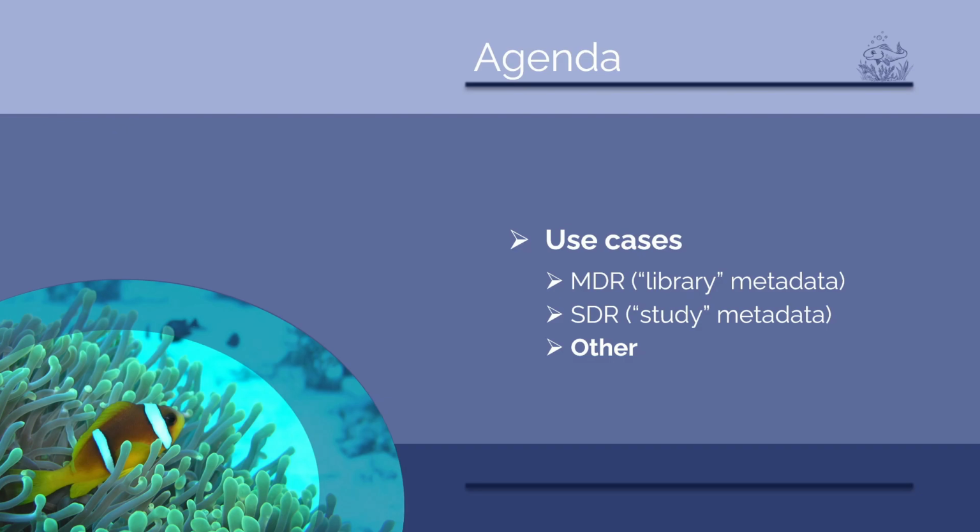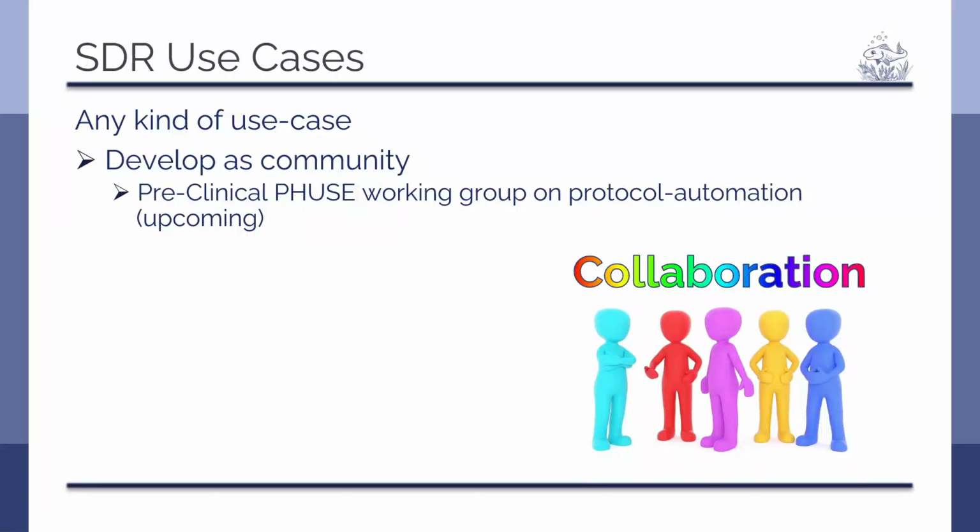What other things can we have, whatever you can think of. For example, there's a preclinical working group focusing on protocol automation, which is just upcoming. So we already had a small proof of concept that we can use the OpenStudyBuilder, which is planned for clinical studies, meaning phase 1 to phase 4 trials. But we could adapt this to use the SEND code list, so really the preclinical ones.